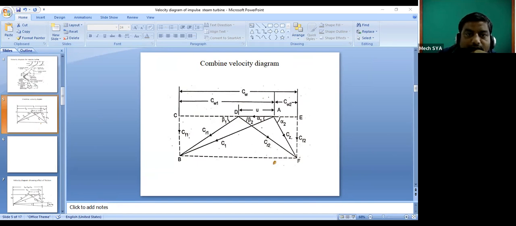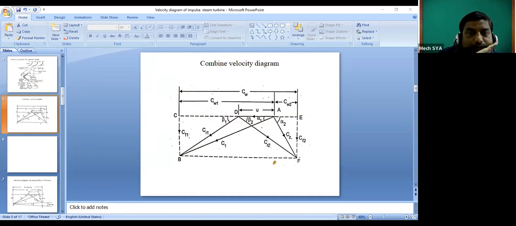The C1 making an angle alpha 1 with the horizontal is called the nozzle angle at inlet. Whatever relative difference is there between this U and C1, we call it CR1. And whatever angle this CR1 makes with the tangential direction, we call it beta 1, which is the blade angle at inlet.